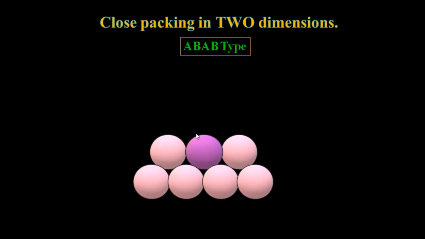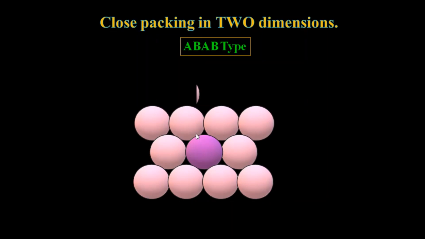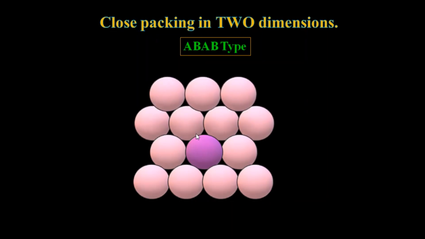Similarly, the spheres in the third row are placed in the depressions between the spheres of the second row, and so on. In this type, the arrangement of the second row is different from the first row, but the spheres in the third row are aligned with those of the first row.